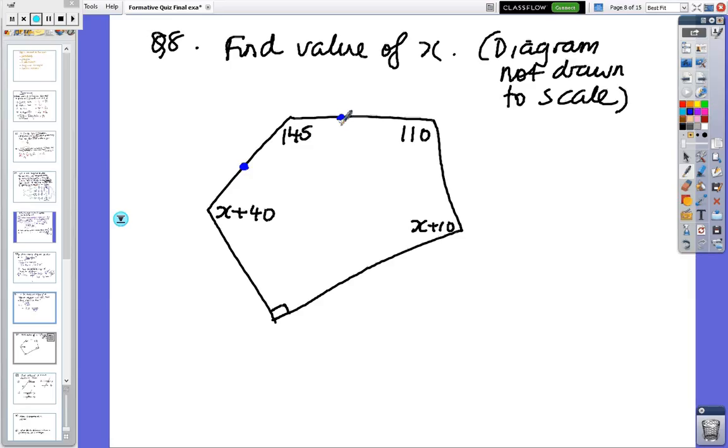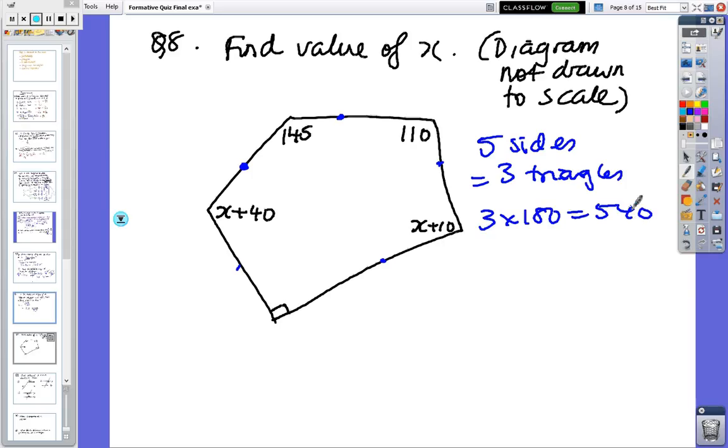Okay, 1, 2, 3, 4, 5. So it's got 5 sides, which equals 3 triangles. 3 times 180 equals 540. So I've got 110, 145, and I've got 90.